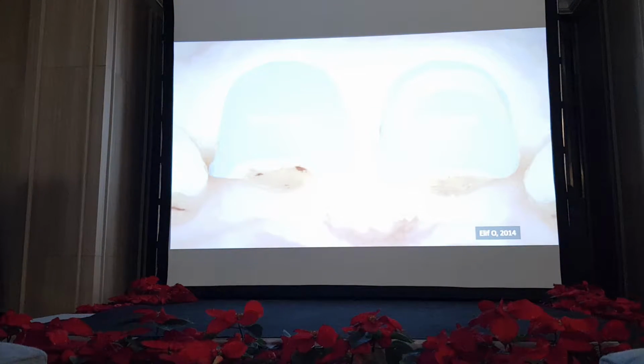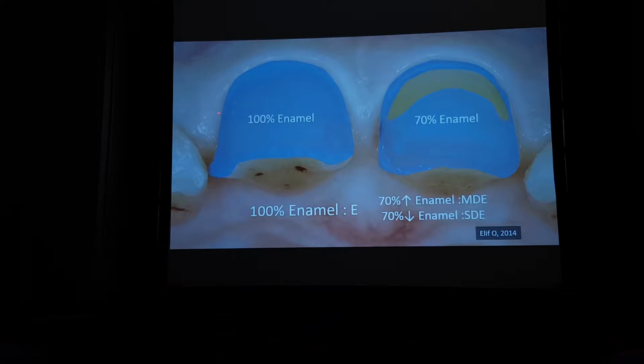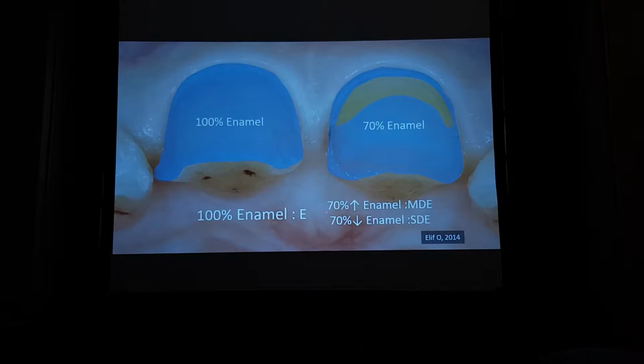So they broke all veneers into 3 groups. One is that the preparation is all in the enamel. The second group is that I have over 70% of enamel. The third group is that the enamel is less than 70%.